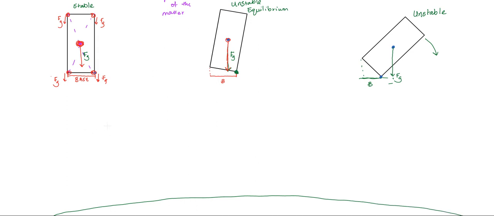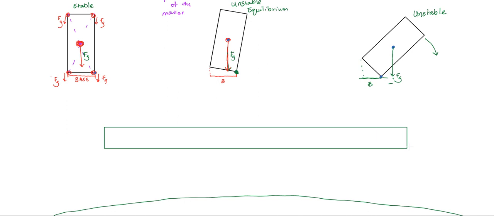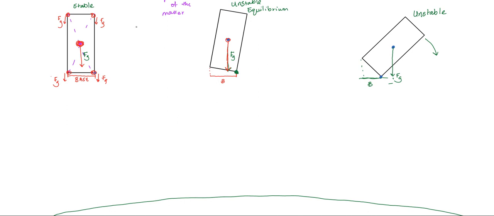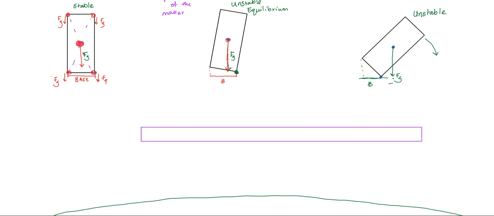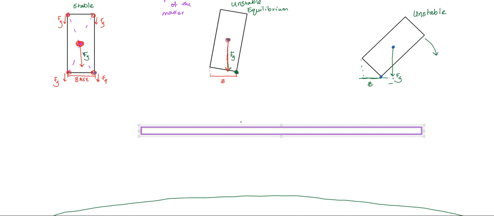And I'm going to take this long metal beam, and it's going to be out here in space. I'm going to say that this is uniformly dense again, so its center of mass is going to be right here at its geometric center. So this I'm going to call M for the center of mass.